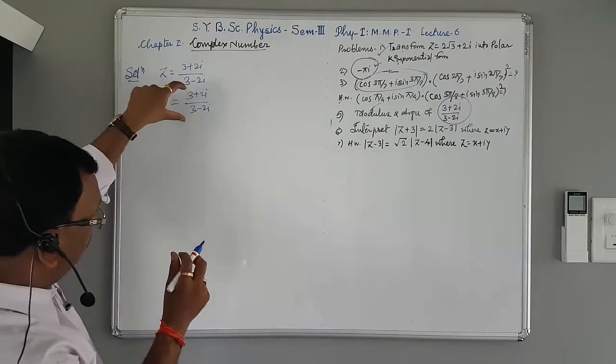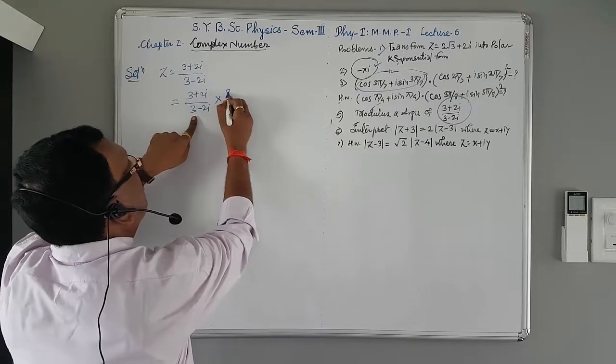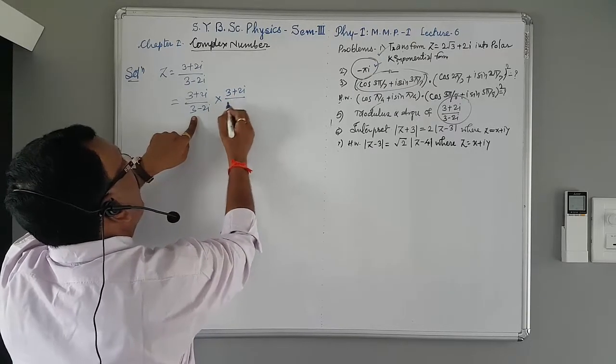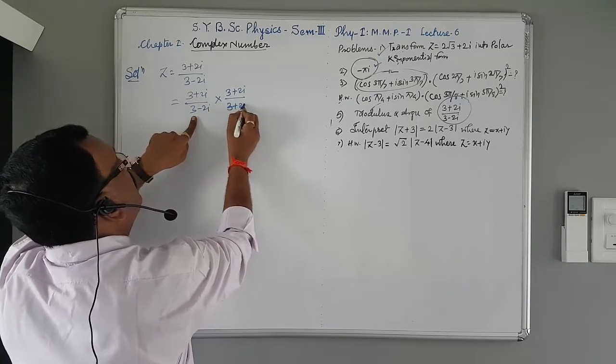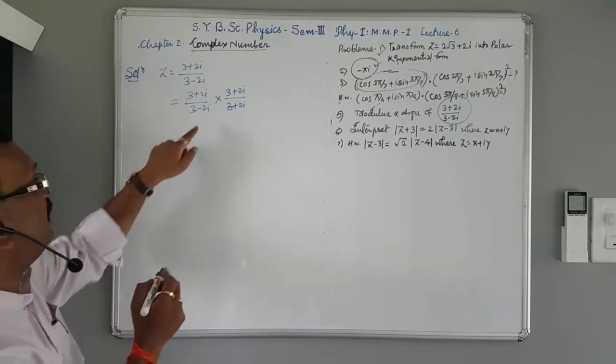In order to solve the division on the RHS of this equation, we have to multiply by 3 plus 2i and divide by 3 plus 2i. Remember that 3 plus 2i is the complex conjugate of 3 minus 2i.